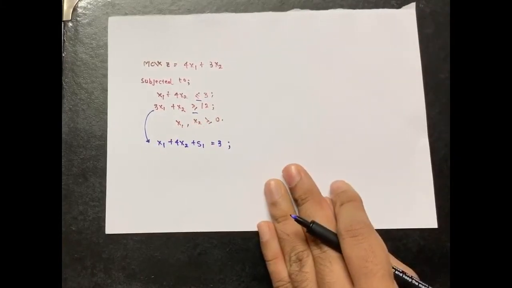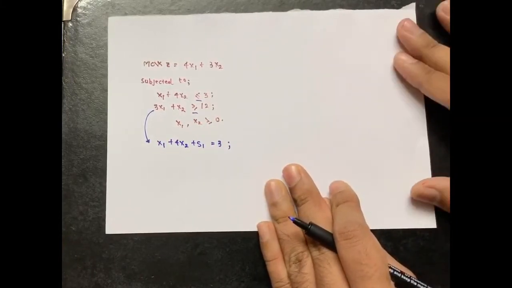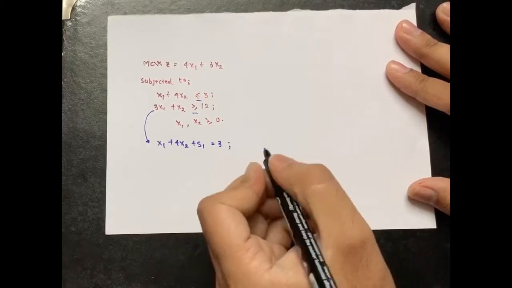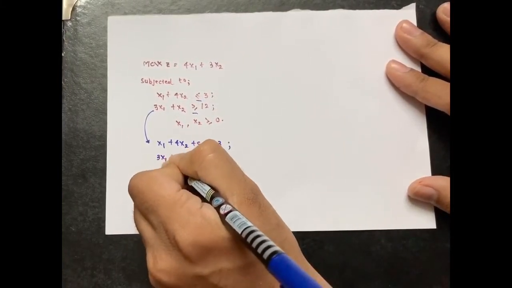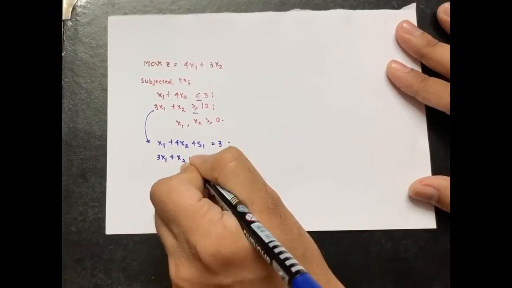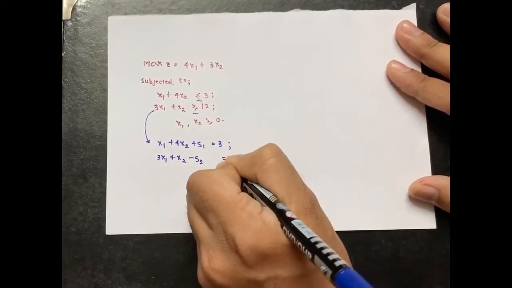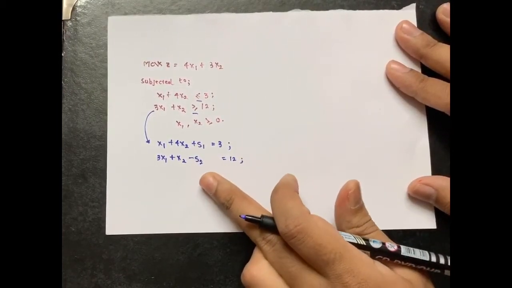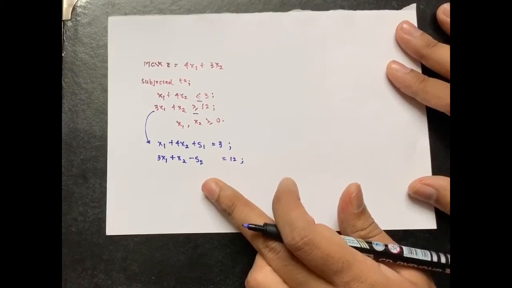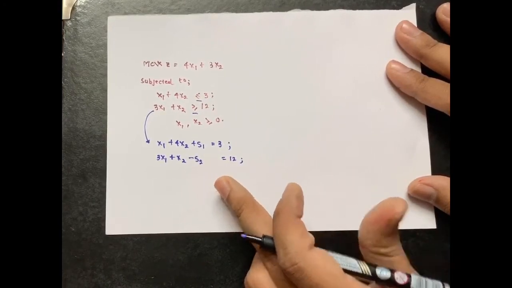In this case we have a greater than or equal to sign, so we will have a surplus variable with the negative sign. So the equation will be 3x1 + x2 - s2 = 12. But with this given condition, if we begin our solution, s2 will give a negative value, and that will be a violation of our non-negativity condition.